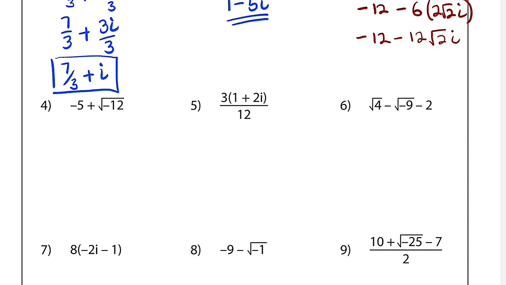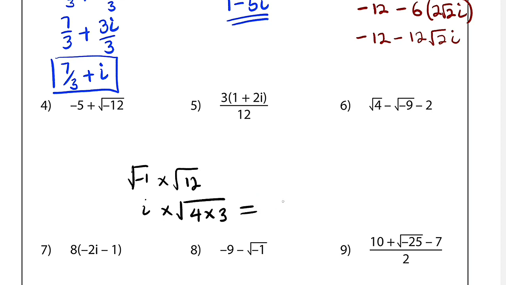Number 4, we have negative 5 plus the square root of negative 12. Let me express the square root of negative 12 first, which is the same thing as the square root of negative 1 multiplied by the square root of 12. But this is i, and 12 can be expressed as 4 times 3, right? The square root of 4 is 2.